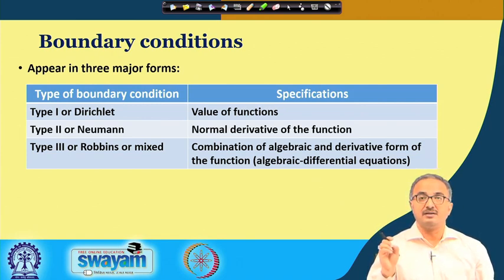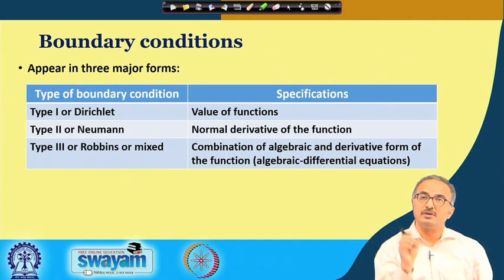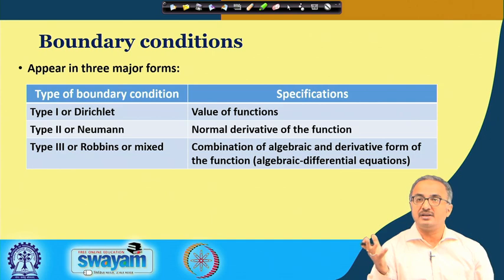Now, please understand that whenever we are putting a specified value, we are calling it type 1. We are not giving any kind of derivative or other thing.